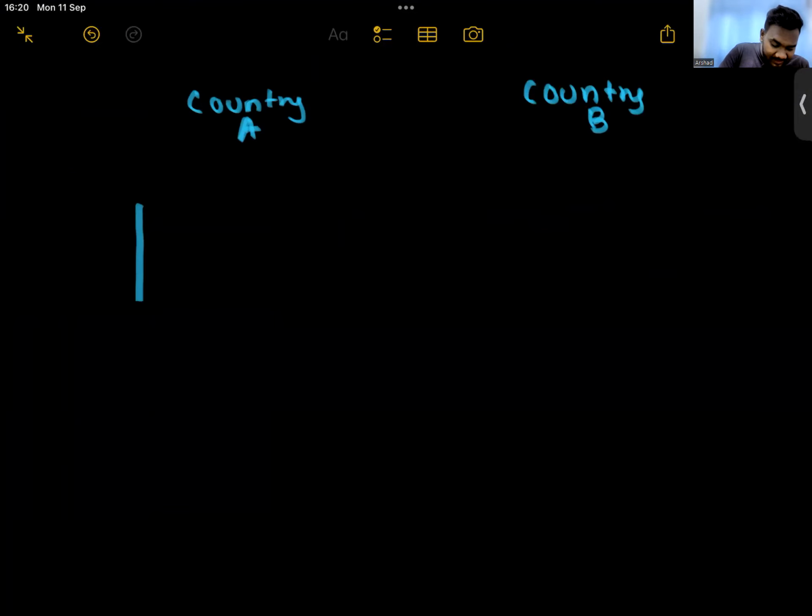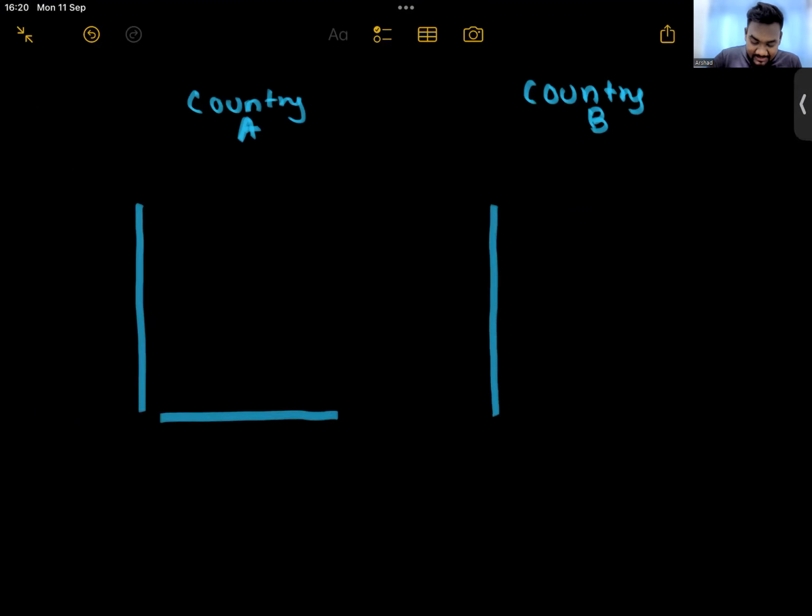Okay, let's take two countries. One is country A, and let's say we have country B. Both of them currently have the same level of PPC.